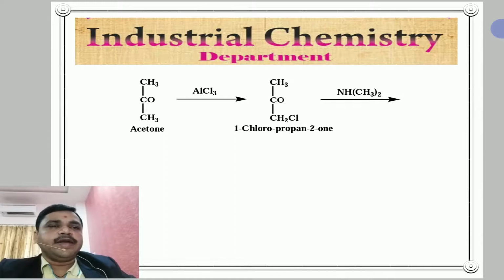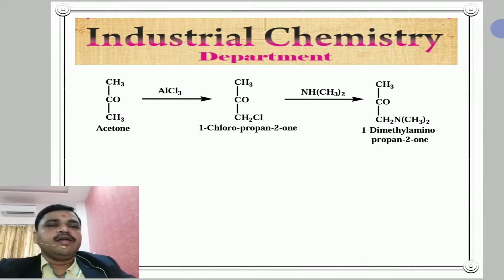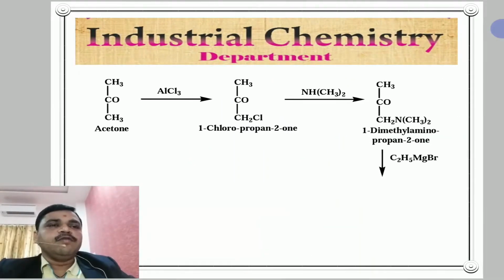This 1-chloropropan-2-one is treated with dimethylamine, (CH3)2NH. With replacement of chlorine by the amino group we get 1-dimethylaminopropan-2-one. This is treated with C2H5MgBr, ethyl magnesium bromide, also known as a Grignard reagent.